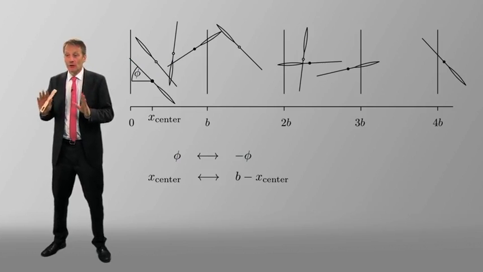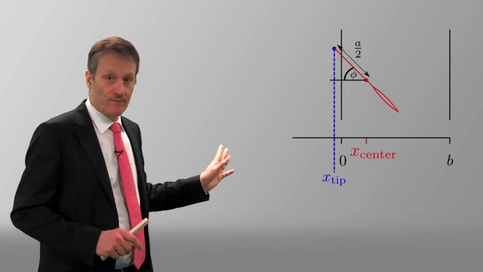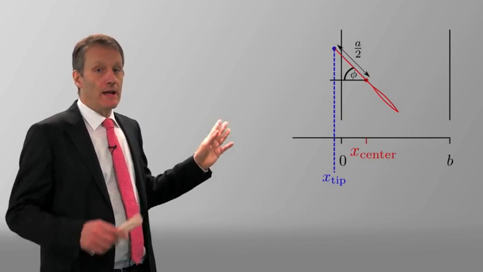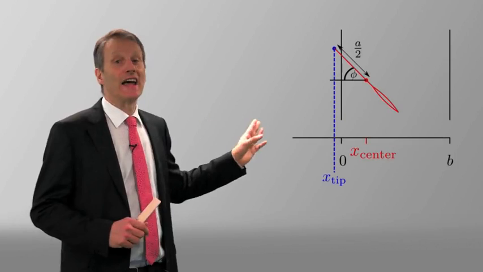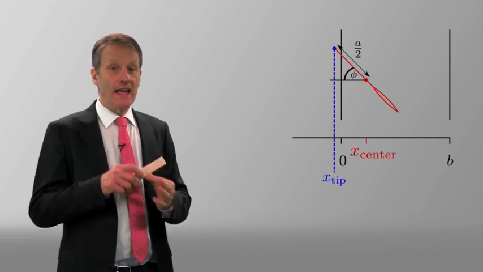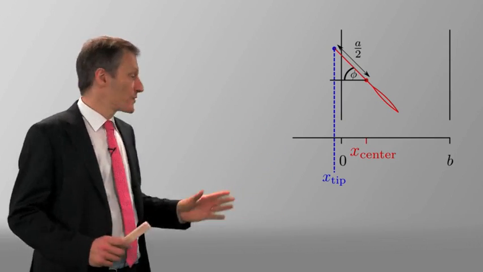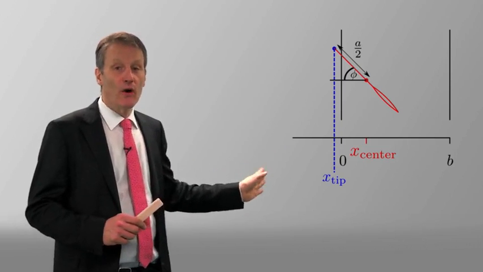So we may look at a reduced problem where phi goes from 0 to pi over 2, that means to 90 degrees, and x center goes from 0 to b over 2.